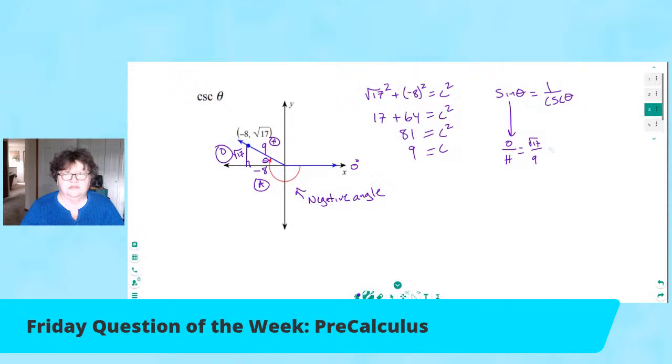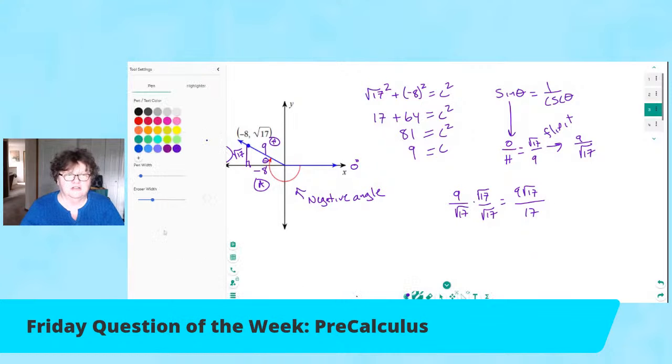And then I could just flip it and know that I would get 9 over square root of 17. You really don't need to do that here if you've got all 3 sides of your triangle, but just for future reference. So I'm at 9 over square root of 17. I've got to rationalize that. So match it: square root of 17 over square root of 17. That gives me 9 square root of 17 over 17.